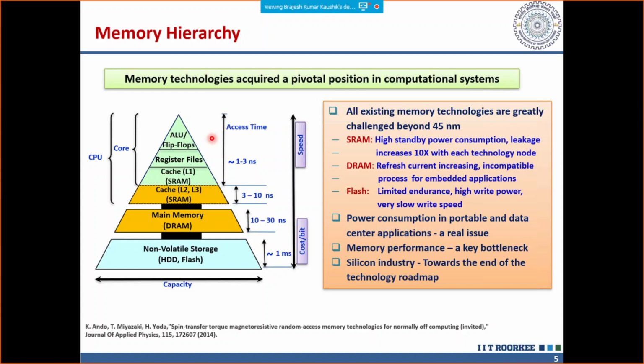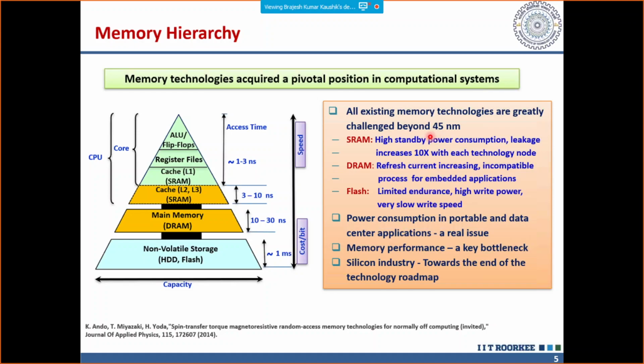But of course, all these memories, especially DRAMs and SRAMs, although they are fast enough and some of them have good characteristics in terms of storage density, all of them are really challenged beyond the 45 nanometer technology node.